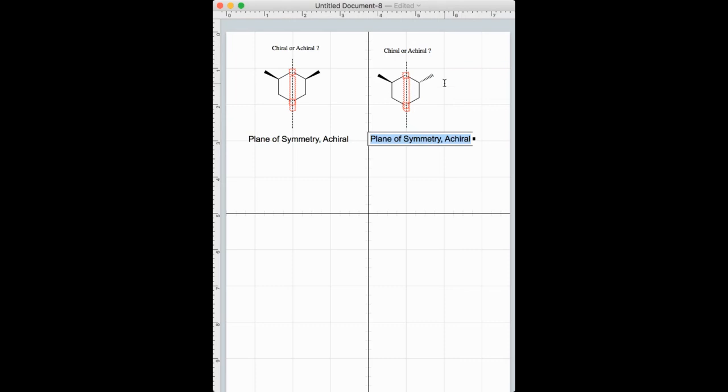However, they are not the reflection of one another. In this left side, this methyl group, the CH3, is coming toward me. In the right side, it's at the same position, but it's going away from you, behind the screen. So the left side is not the reflection of the right side, so no plane of symmetry here.